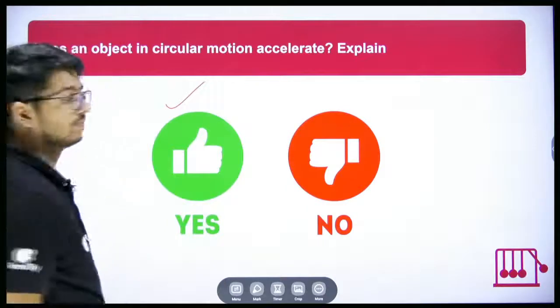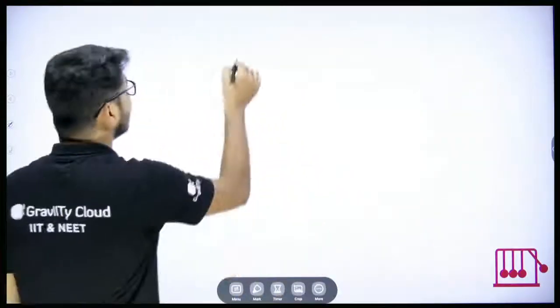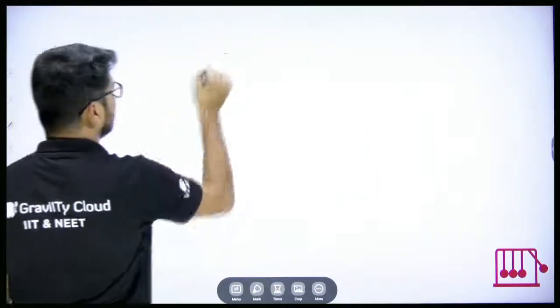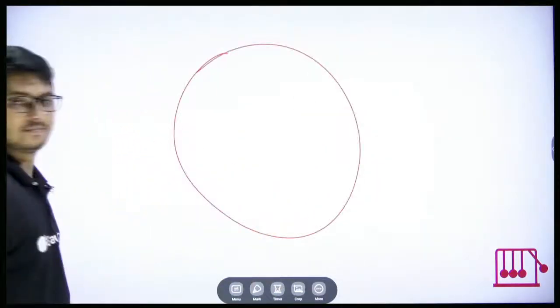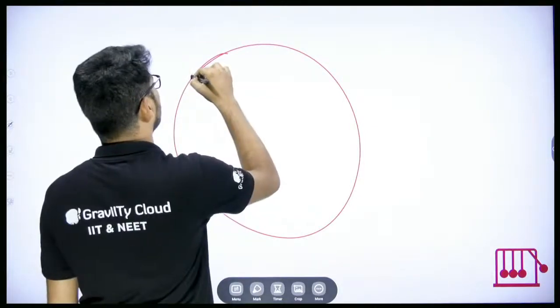Now how? We told you, if the direction of motion or direction of velocity changes, there will be an acceleration. So here in circular motion, if you look at the direction of velocity, it is along the tangent.